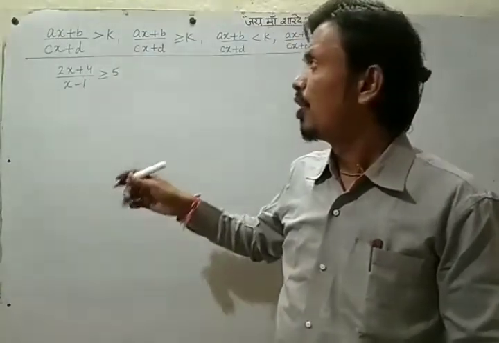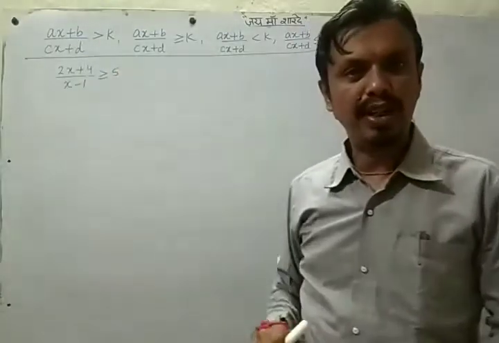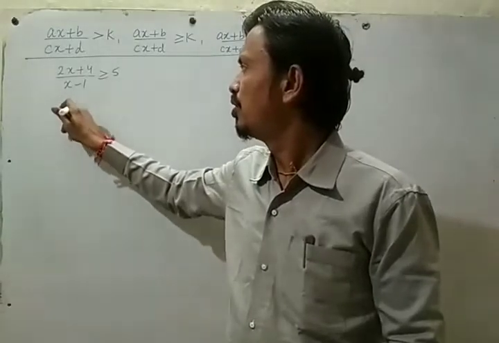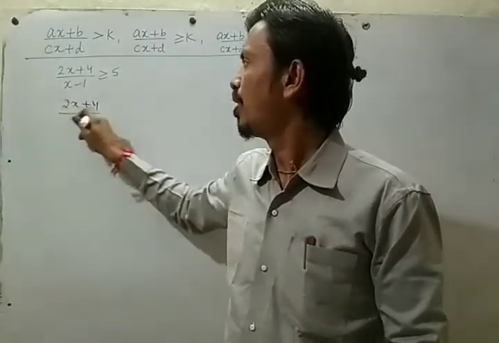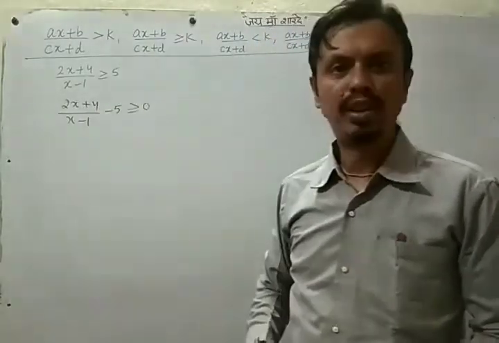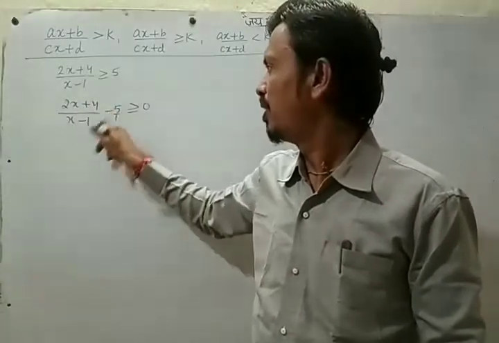So first thing, all the terms from the right side will be sent to the left side, which means the right side should be 0. So first step is 2x plus 4 upon x minus 1 minus 5 is more than or equal to 0. Okay? Now the left side we can simplify by taking the LCM.